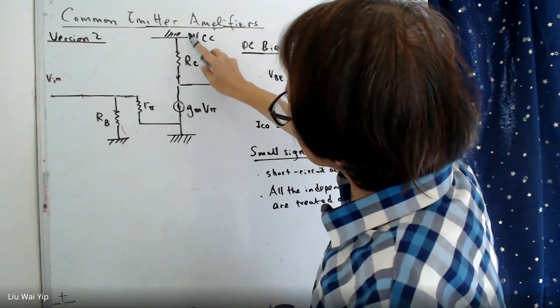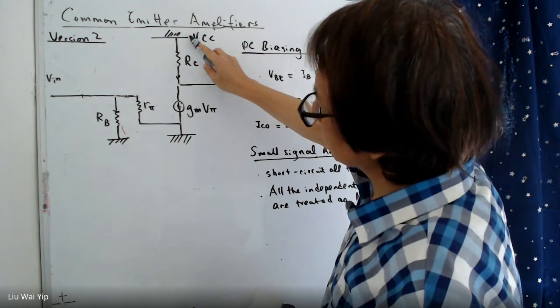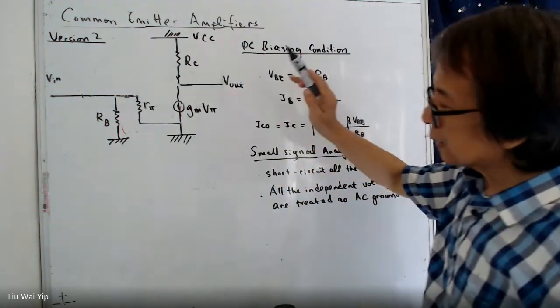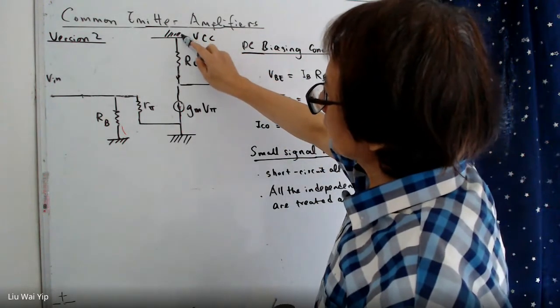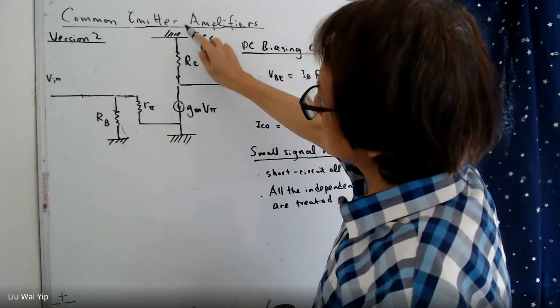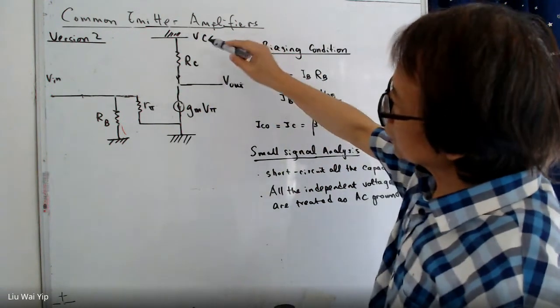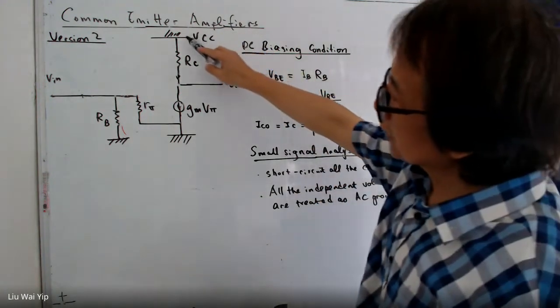So the AC voltage here is zero. The AC voltage here is also zero. But in DC, this terminal here has voltage VCC. So in small signal analysis, you can just ground this.